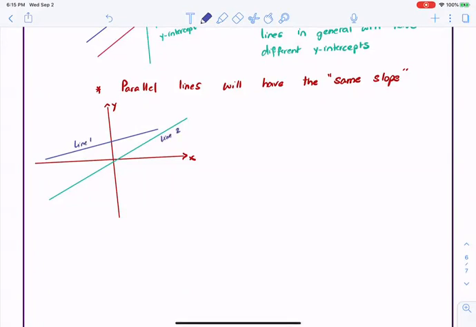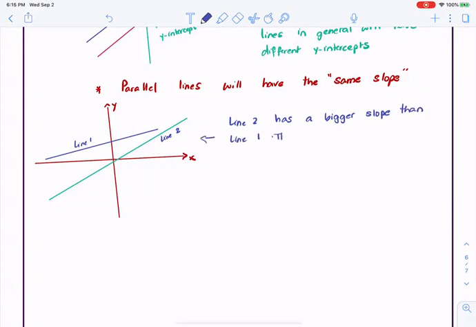So you look at the picture, clearly line 2 has a bigger slope than line 1.